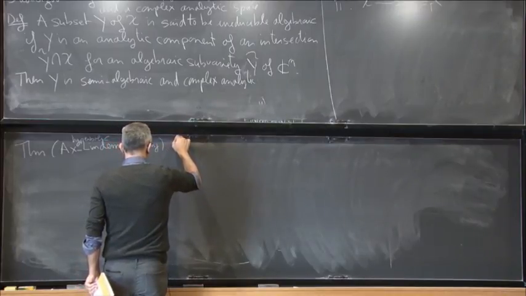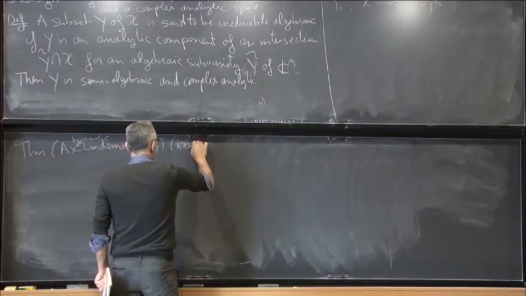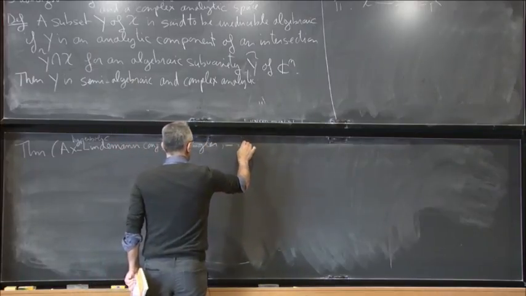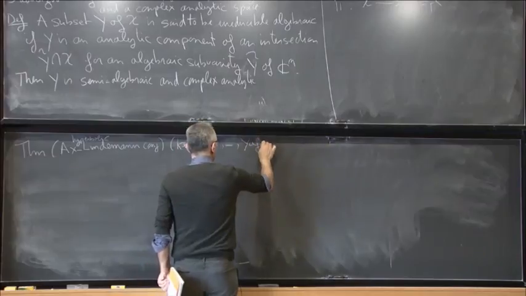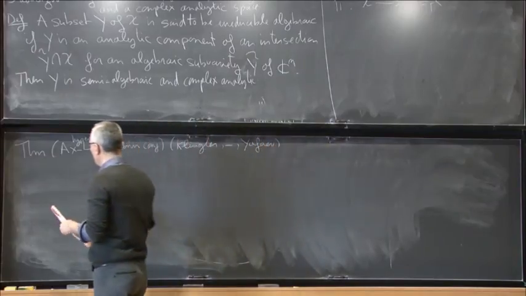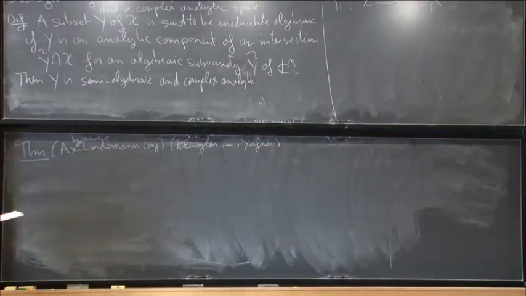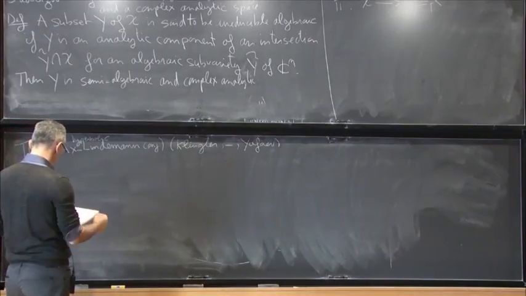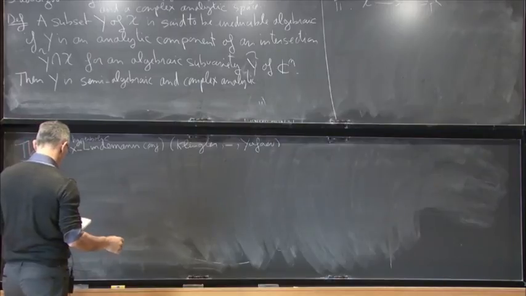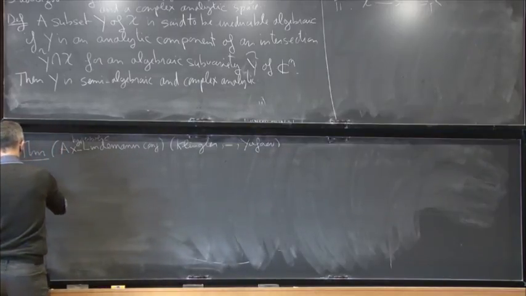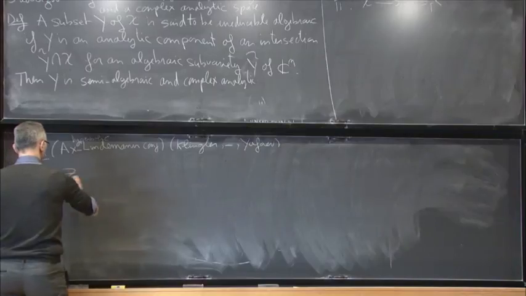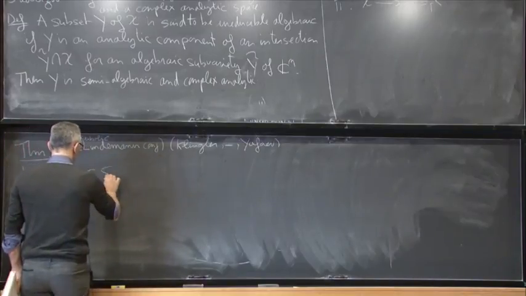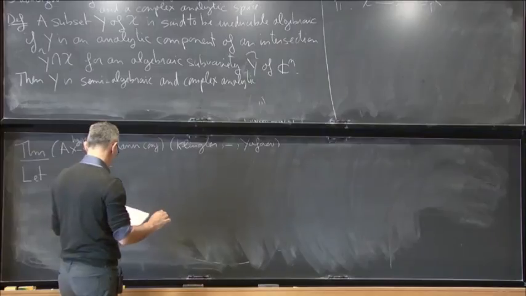I think it's in this form due to Klingler, myself, and Yafaev. I will give two equivalent forms. The first one is the following. Let Z inside S be an algebraic subvariety.